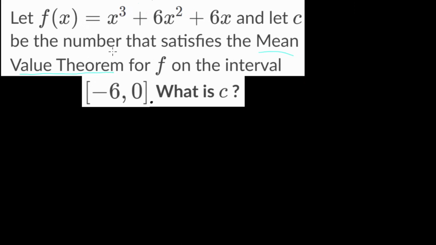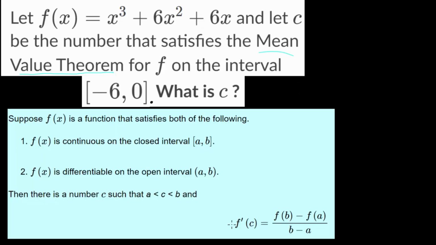And with the mean value theorem, let me paste in a definition so that we can better understand what it is. And with this theorem, we will suppose that we have some function f of x that satisfies these conditions, that on a given interval, it's continuous and differentiable.